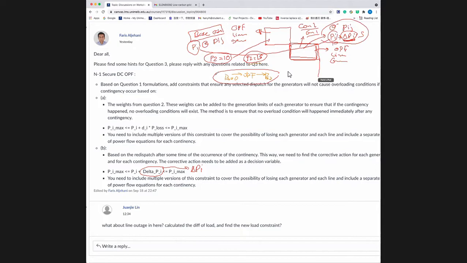And then you have another contingency also: contingency number 2 for generator 2, and then 3, 4, whatever you have. So you have many constraints, and all of it will be your constraint matrix. Some of them will be in the A matrix, some in A EQ, depending on whether it's equality or inequality.